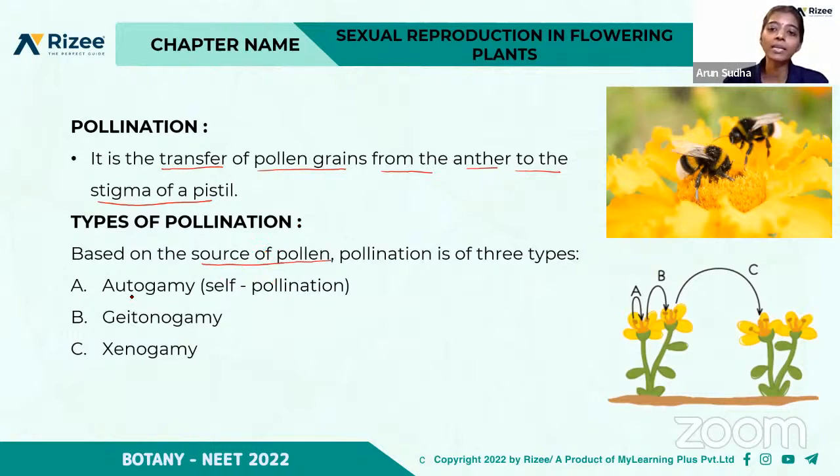There are three types: one is autogamy, the second is geitonogamy, and the third is xenogamy. Autogamy is self-pollination. We'll see in detail about these three types and how they occur in plants.